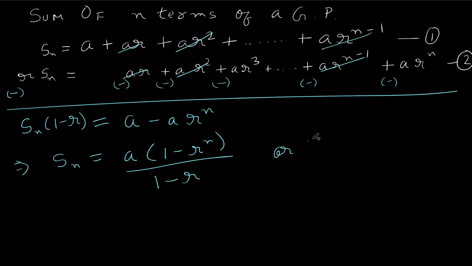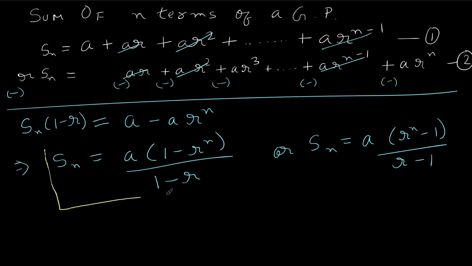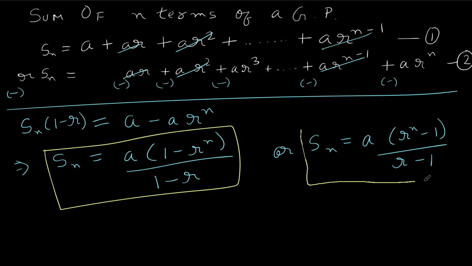Or you could also write this as Sn equal to a multiplied by r to the power n minus 1 divided by r minus 1. Hence what we obtained here is the sum of first n terms of a geometric progression. This is a small little trick to reach this formula.